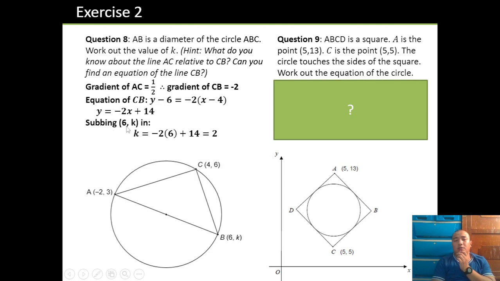Now, substituting (6, k): k = -2(6) + 14 = 2. So k is equal to 2.